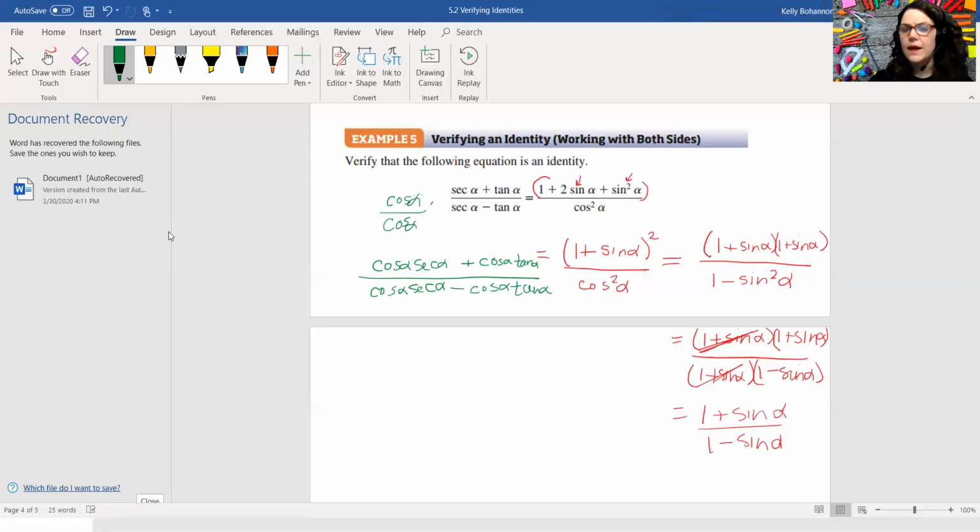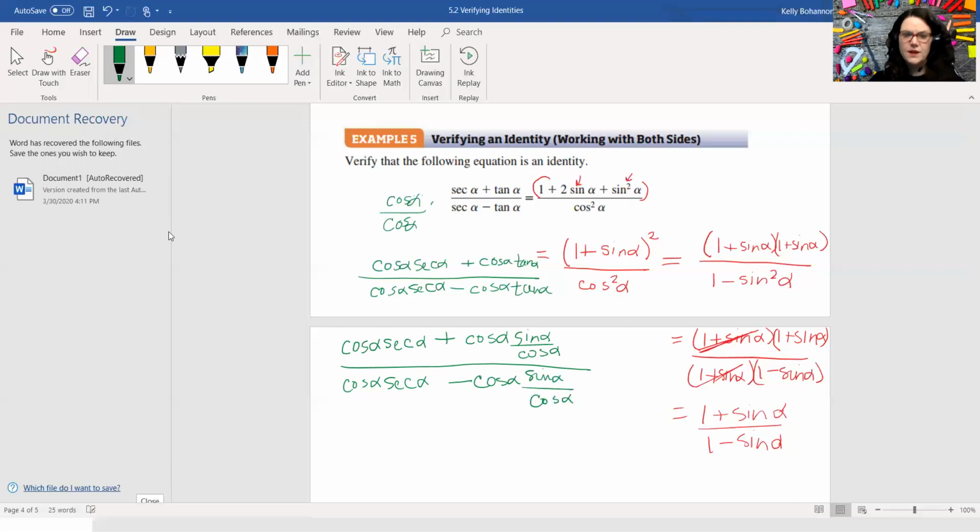All right, now don't forget that tangent is sine over cosine, which means I'll go ahead and write it out. That's another thing about trig identities: every now and then you can skip a step, but don't skip too many, because the point is proving something. Technically you really could skip this one, but I want to make sure everybody knows what I'm doing. So I'm just rewriting tangent as sine over cosine.